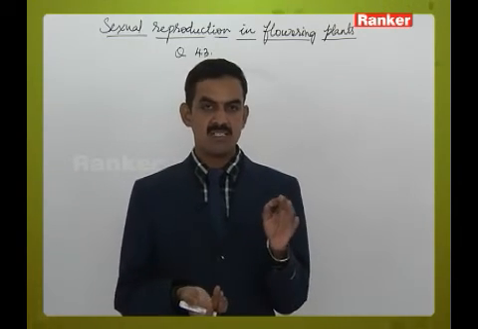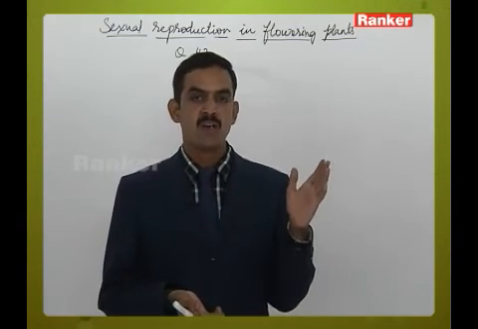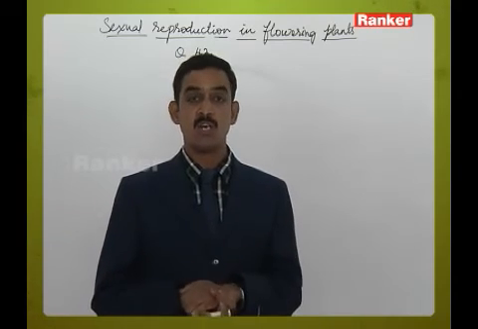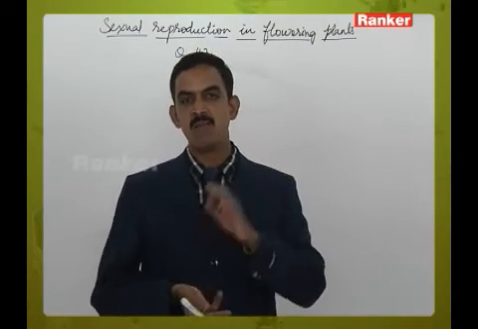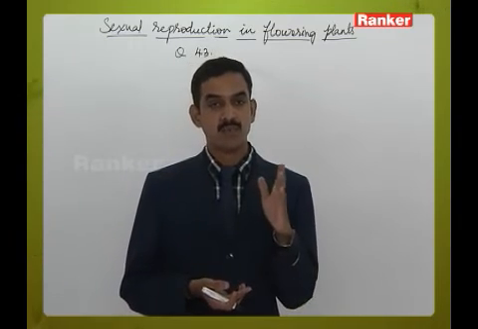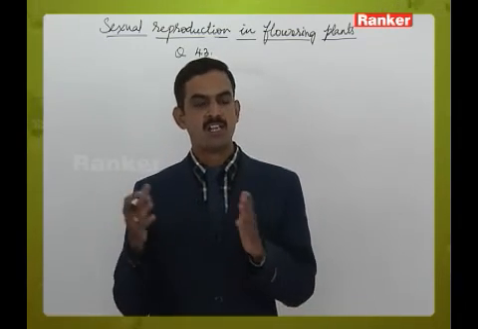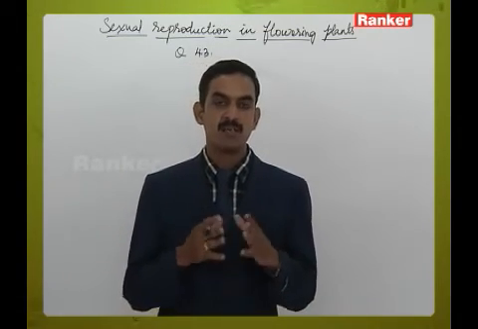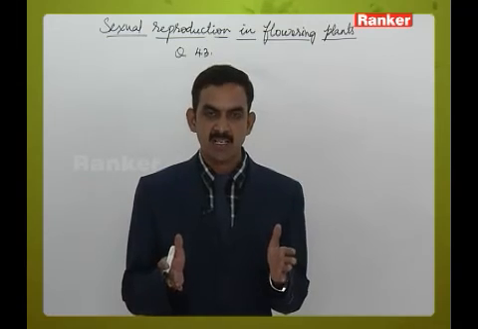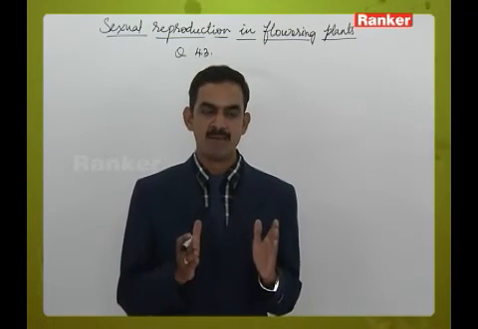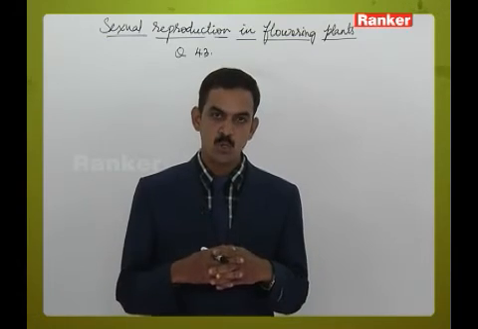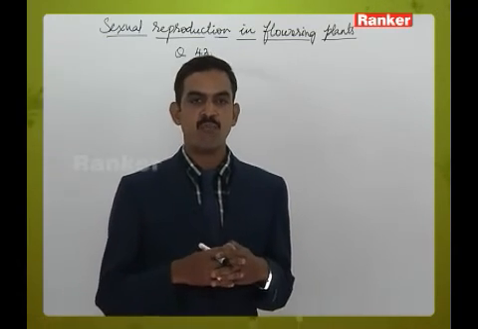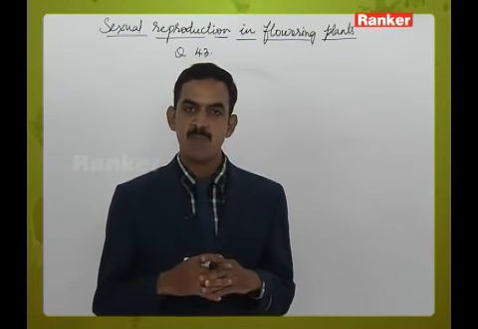This character is seen only up to pteridophytes where fertilization requires water, because the male gametes are motile, they will swim in the water and reach the female organs. But from gymnosperms onwards and in angiosperms also, the male gametes are non-motile. That means they are not zooidogamous in nature, but these male gametes are carried by the pollen tube. That's the reason why there is no need of water for the syngamy process.